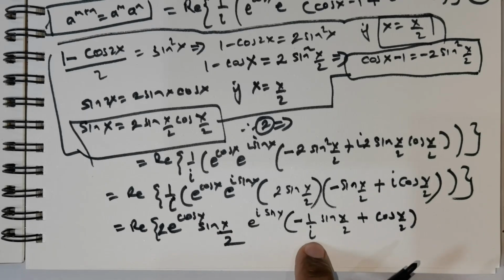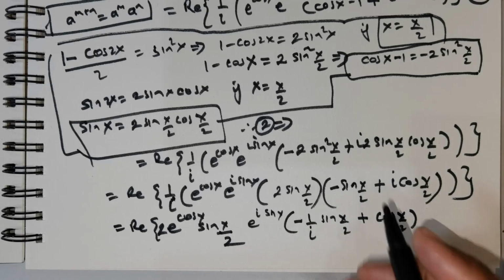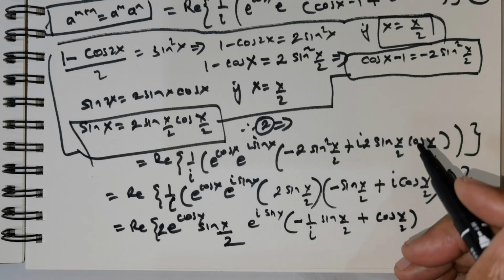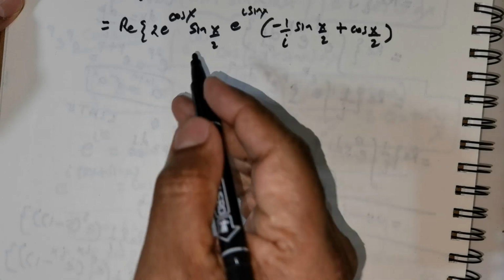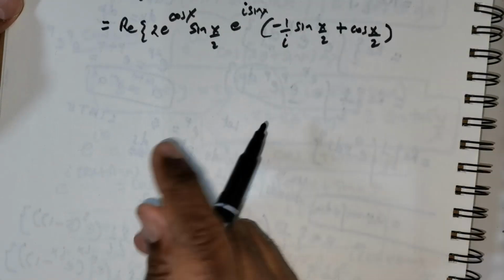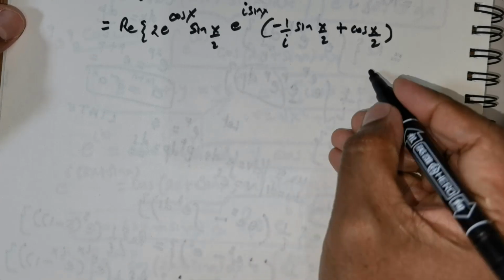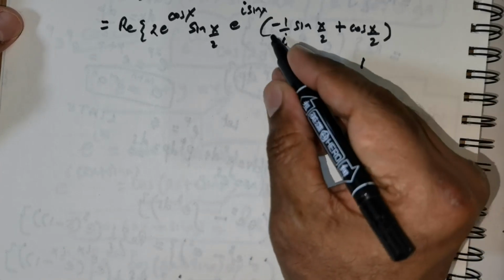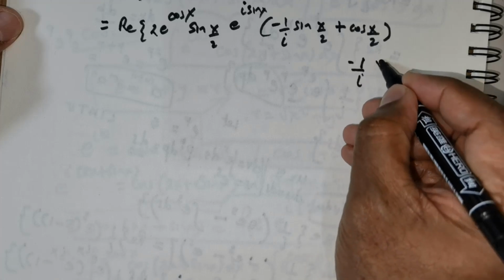Now I can perform some simplification over here. I need to go to a new page, and this was the result that we ended with on the last page. As I mentioned, we have this negative 1 over i, but I would like to get rid of this.